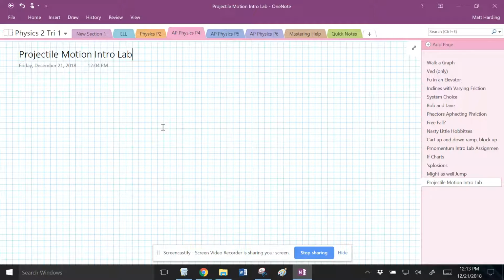So what do you notice when you take a gander at the y position versus time and the y velocity versus time graphs? Let's make it specific to those.